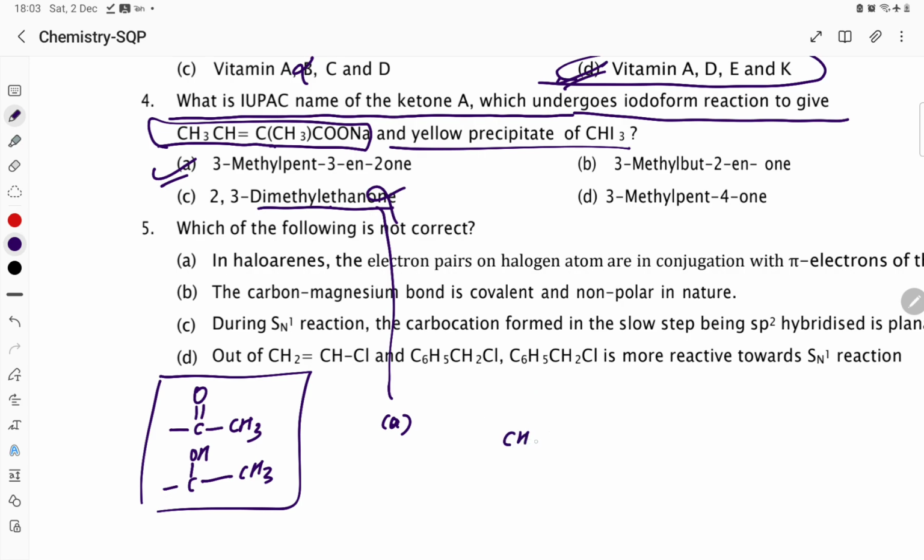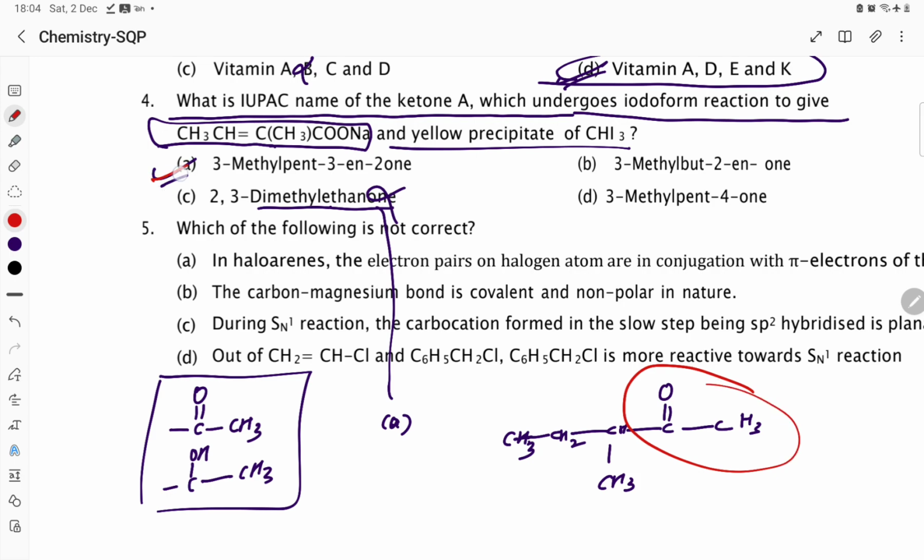Pent means total carbon is 5, and at the second position there is the one, and at the third position there is a methyl CH3. The rest of the things will be as it is, student. This is the CH2 and CH3. Now in this group you can see the methyl keto group is there. So this is our required answer.